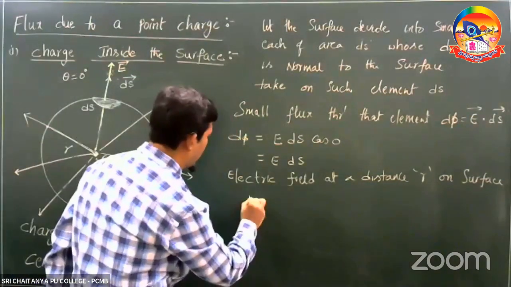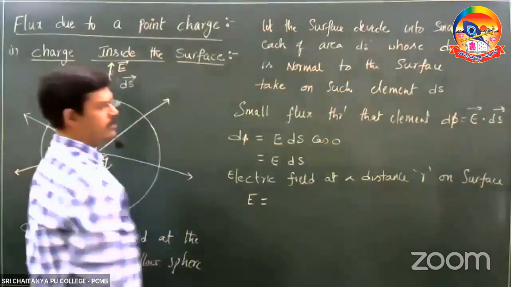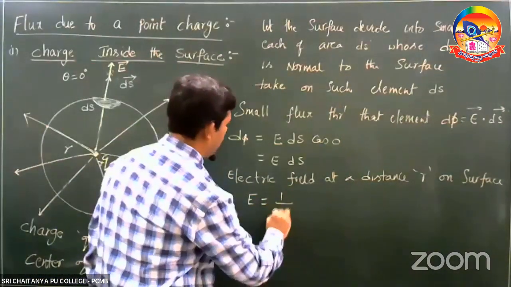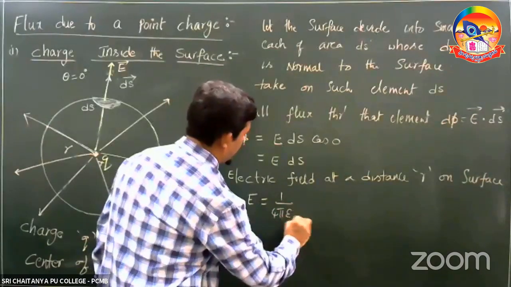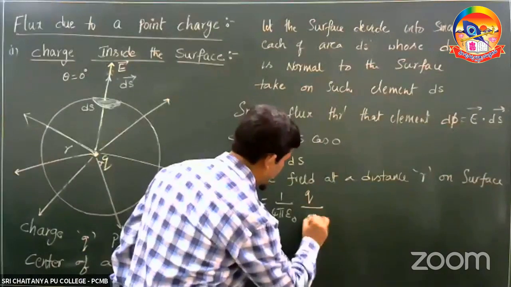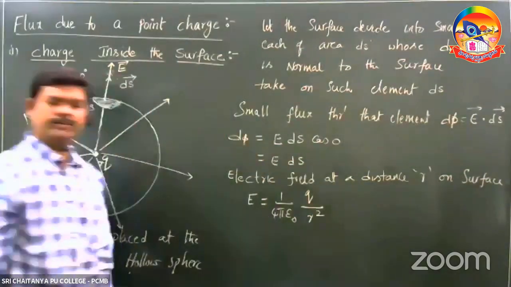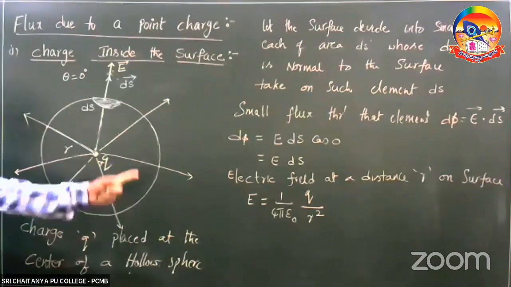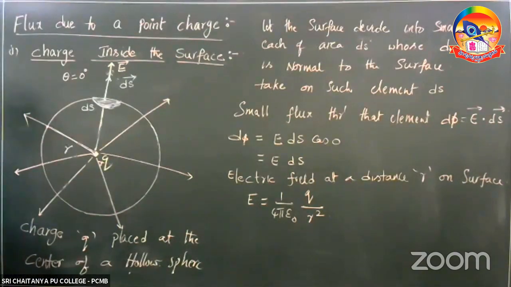What is the formula for the electric field at a distance or on the surface? E equals 1 by 4 pi epsilon naught Q by R square. We know the formula.